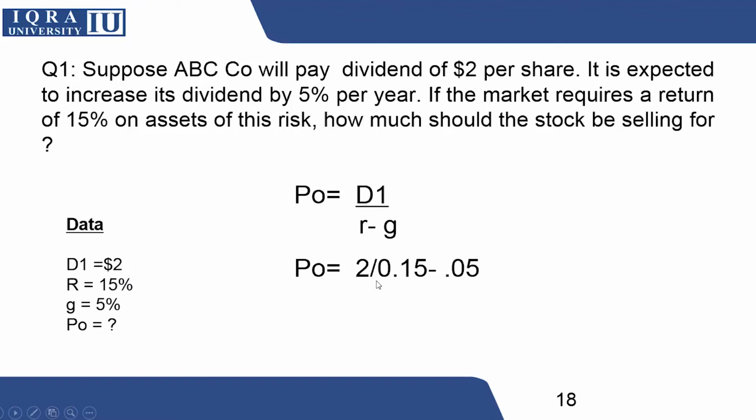If you apply it on your calculator, you will see that 2 will be divided by 0.1, as 0.15 minus 0.05 gives you 0.1. So when you take 2 and divide it by 0.1, your answer will be 20. So the current price of the stock should be $20, which is the answer to this question.